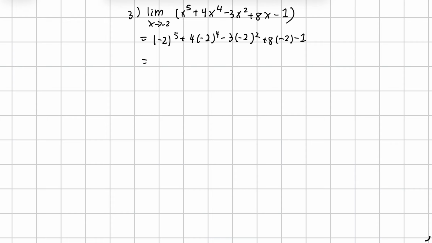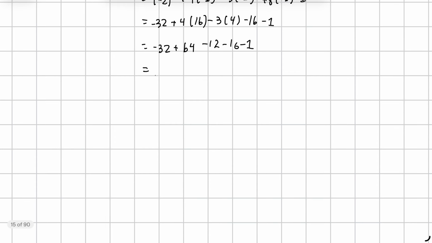Then this simplifies down to negative 32 plus 4 times 16, since negative 2 to the power 4 is 16, minus 3 times 4, since negative 2 squared is 4, and then negative 16 minus 1. This is negative 32 plus 64, negative 12, negative 16, and negative 1. If we just combine all of those, we're going to get 3 for our final answer.